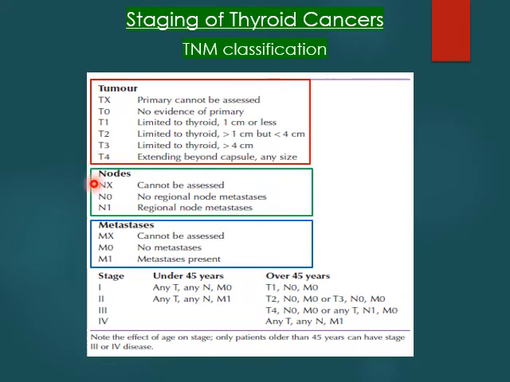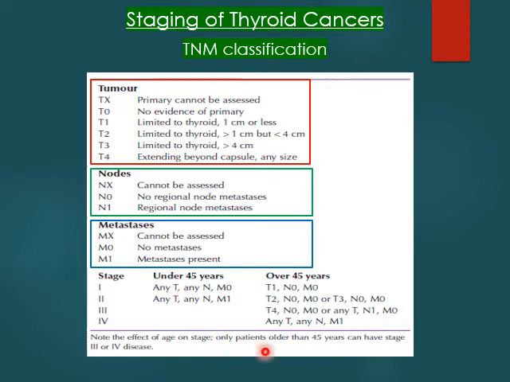N can be 0 when there are no regional lymph nodes, and N1 is regional lymph node metastasis positive, even to the level 6 lymph nodes. And this is the metastasis. Okay. Now, the other important thing is the effect of age on patients with cancer of the thyroid.